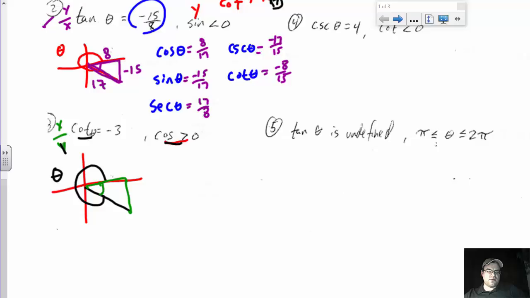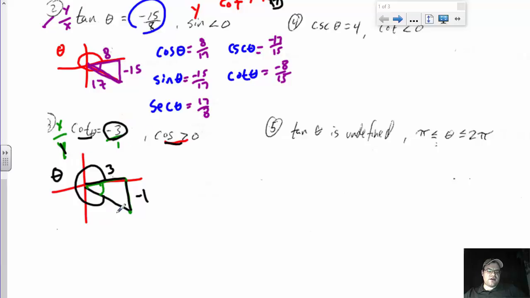That's the definition, x over y. The thing is, though, in this quadrant, x can't be negative because it's positive in the fourth quadrant. So this is actually 3, and the y is the one that's going to be negative, which is actually negative 1. So x over y, 3 over negative 1, is the same thing as negative 3. So this is okay.